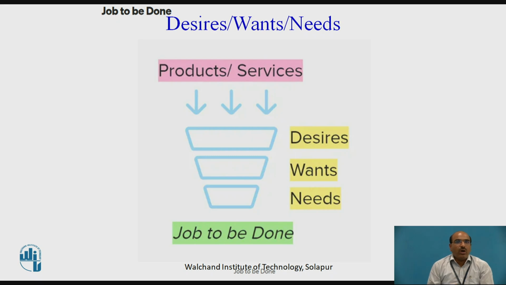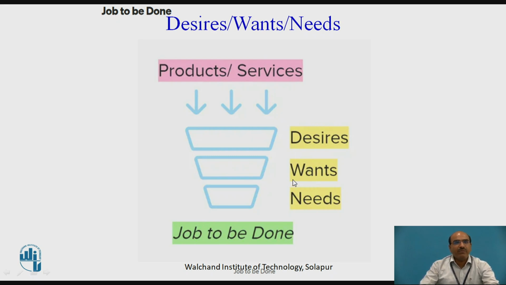So, what the job needs to be done is either a desire, a want, or a need. Whenever it comes to products and services, it flows like this. It starts with the desire, which is something very inspirational and a motivational goal you set for achieving a purpose.